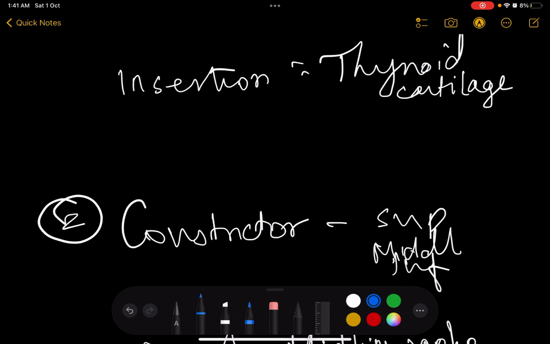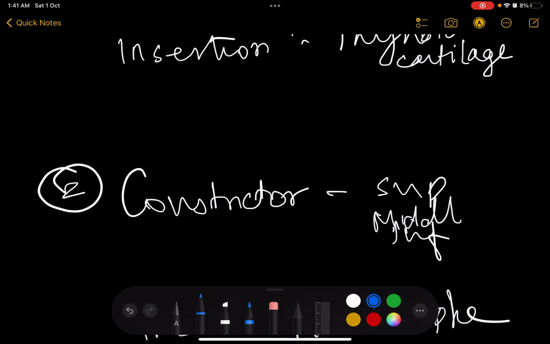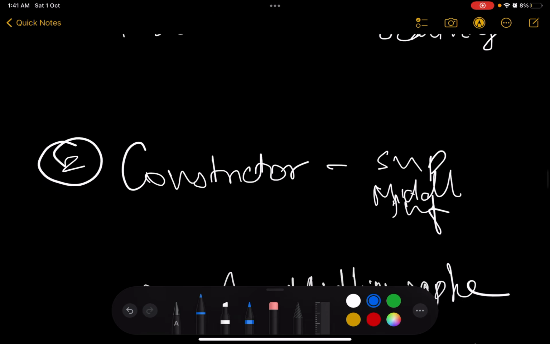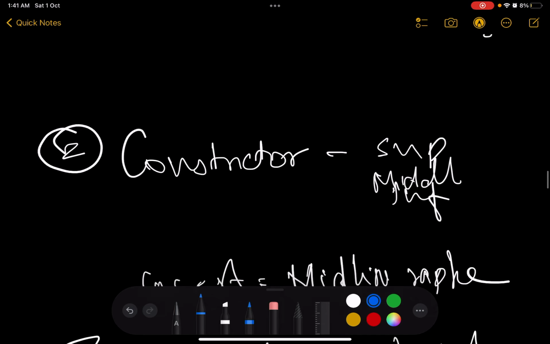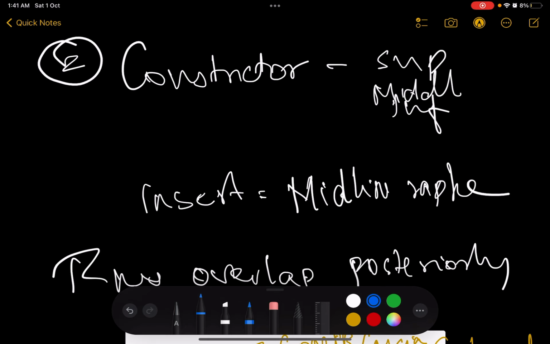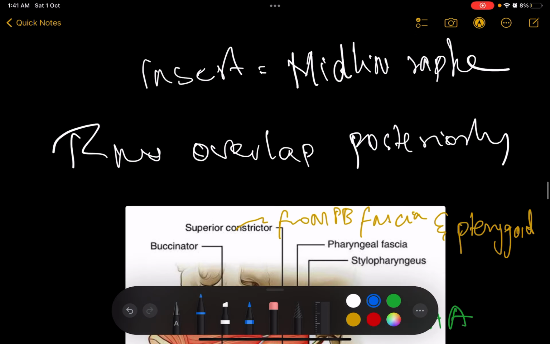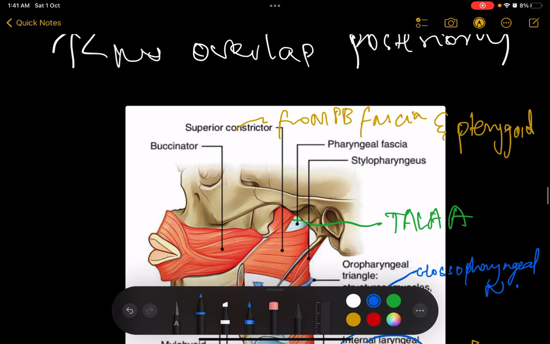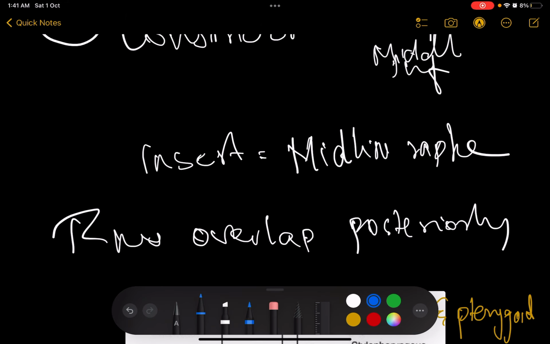It is really important to understand the constrictor muscles. The constrictor muscles are superior, middle, and inferior constrictor, not very complicated. All of them insert into a midline raphe, and because they insert into a midline raphe posteriorly, they overlap a lot posteriorly. As they overlap posteriorly, they are deficient laterally.